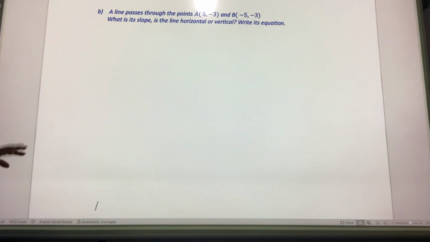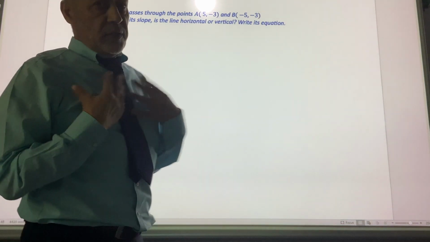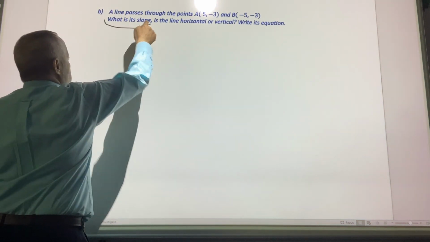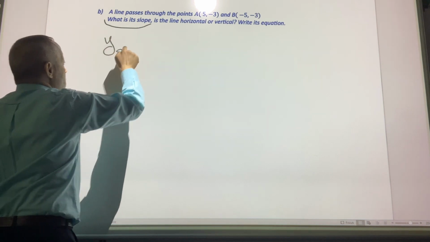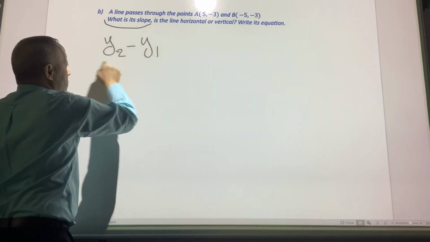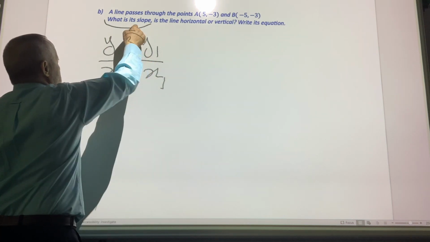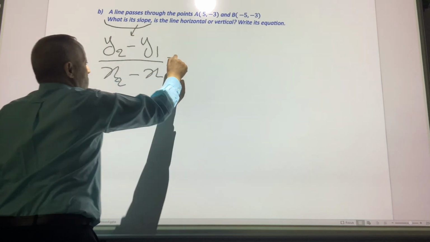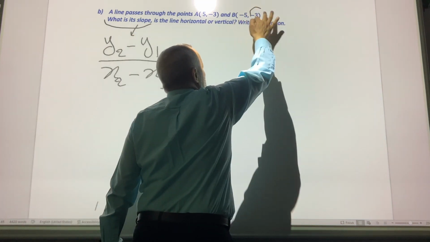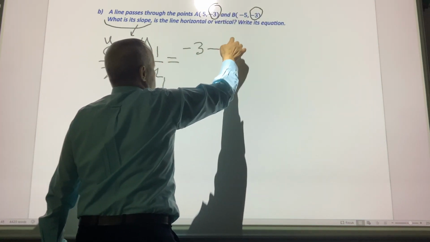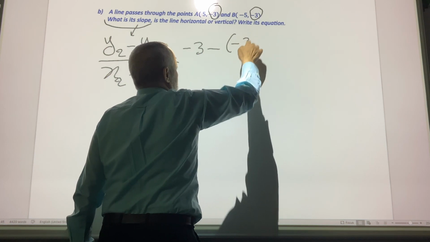Another way to solve this is to start from calculating the slope using the slope formula. Some students don't want to graph, or maybe they're not confident in graphing, so you solve it algebraically. You start with the slope, y2 minus y1 over x2 minus x1. The y values are the same: negative 3 minus negative 3.